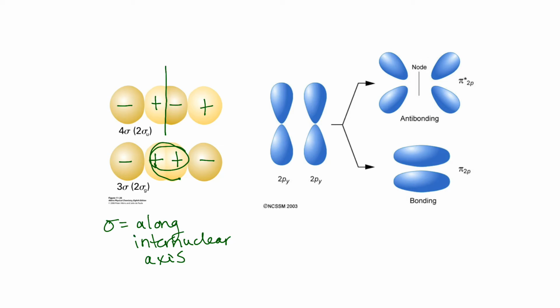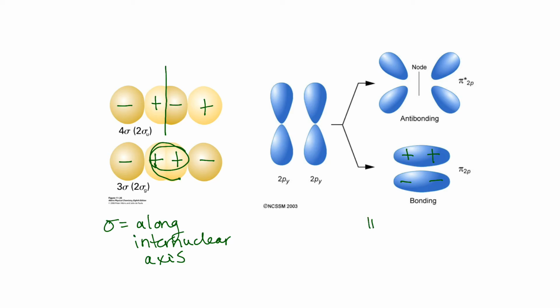If we have the same signs coming together like that, we would get that constructive overlap above and below our internuclear axis. That creates our pi bond, right?